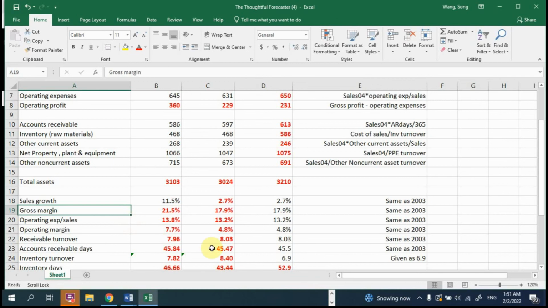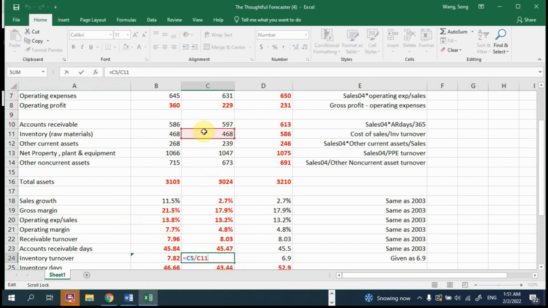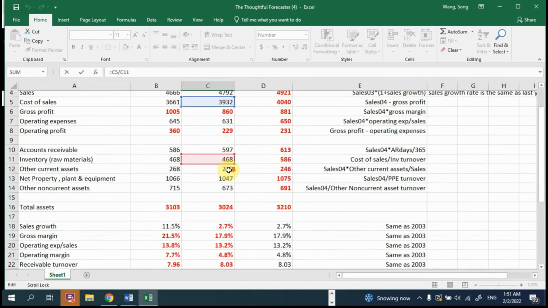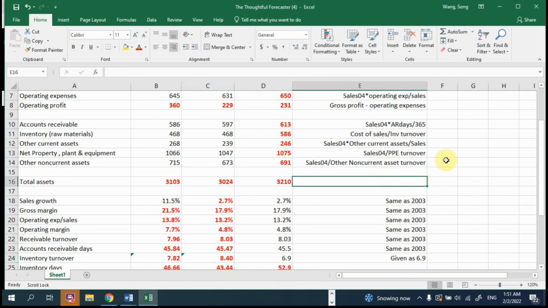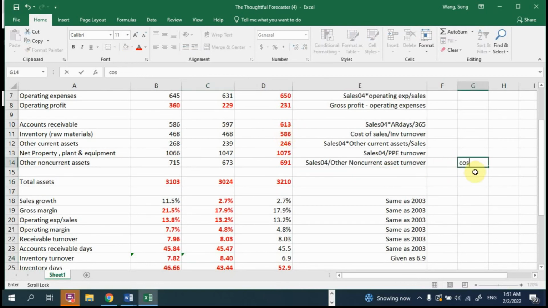When you calculate the inventory turnover here, it is the cost of sales divided by inventory. So if we multiply cost of sales in the new year by this ratio, just use cost divided by inventory.